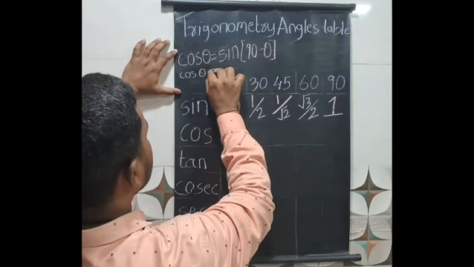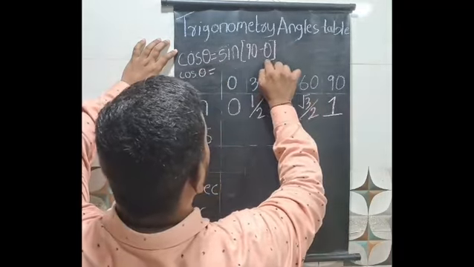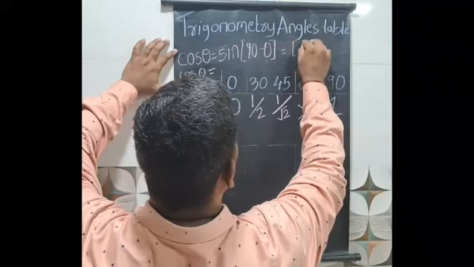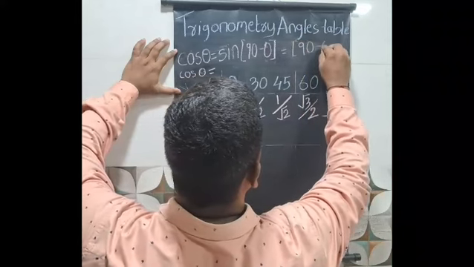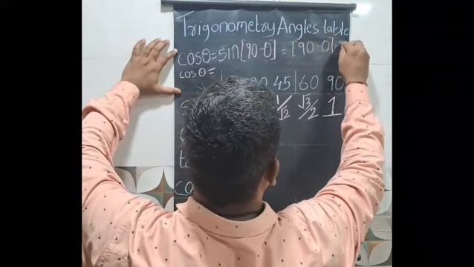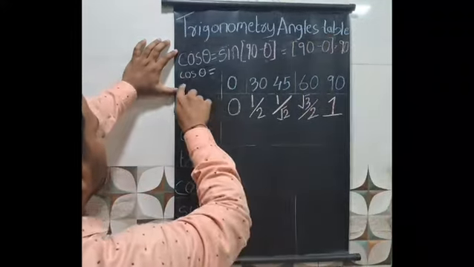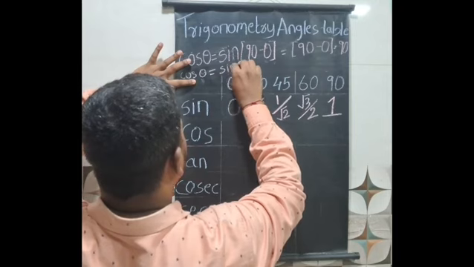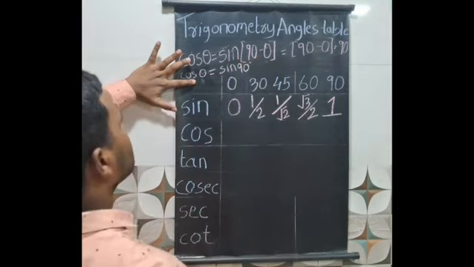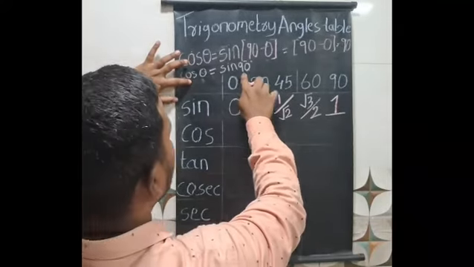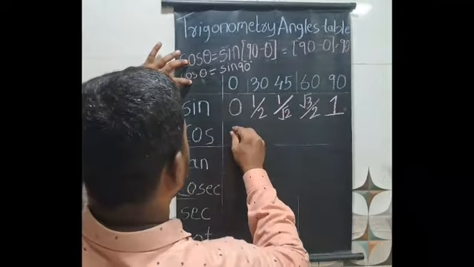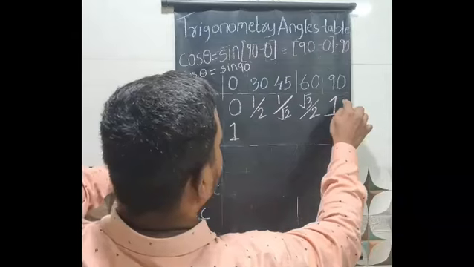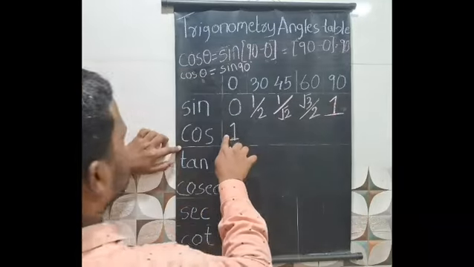Cos 0 is equal to sin of 90 minus 0, which is 90. So cos 0 is equal to sin 90. We can simply substitute the value of sin 90, which is 1, for cos 0.